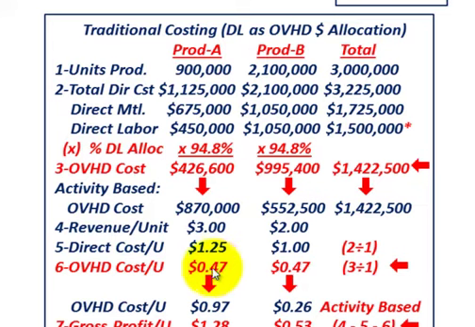So you can see the difference, 47 cents versus 97 cents on a per unit basis for our activity base. Big difference. And for product B, it was 47 cents on a per unit basis for overhead allocation versus 26 cents. So you can see the big difference. Activity based should be a more accurate costing based on this allocation of the overhead.